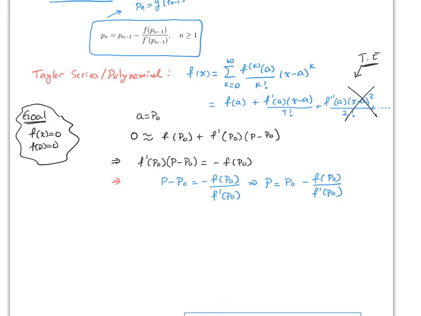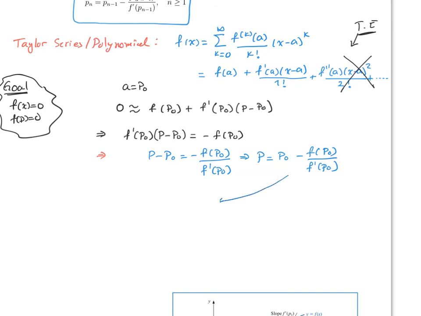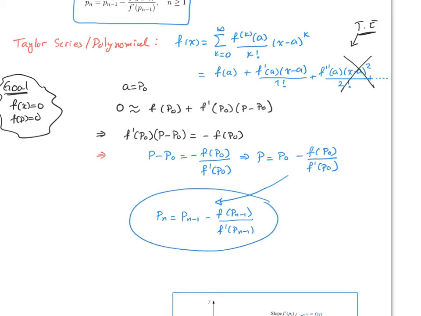Therefore, from here we can create the algorithm, and then we will have the iteration. p of n will be p of n minus 1, the previous value, minus f of p of n minus 1 divided by f prime of p of n minus 1, which is the original thing I gave you at the beginning of the page.